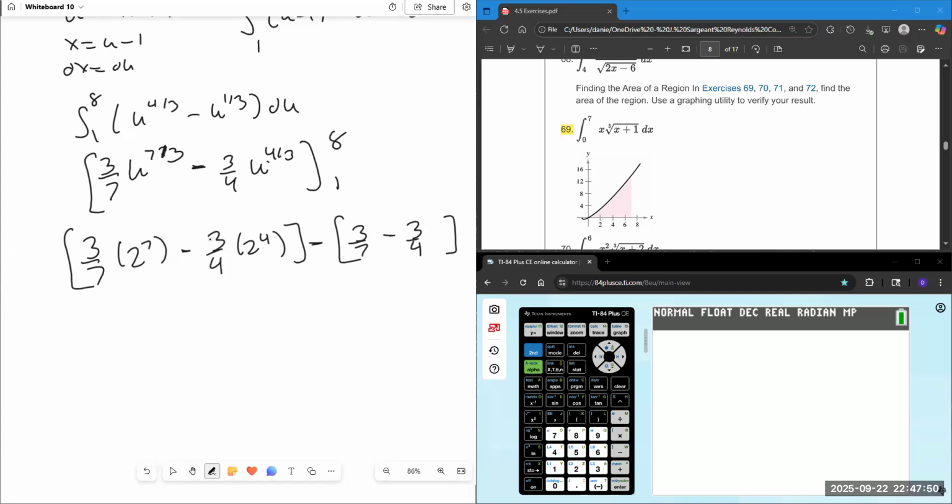So this is 2 to the 4th times 3/7 times 2 to the 3rd minus 3/4 minus, this is over 28. This is 12 minus 21.